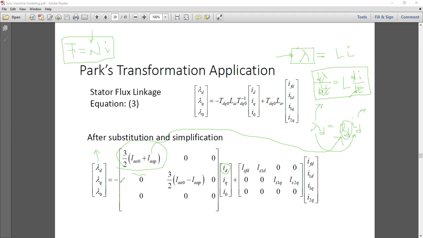What about the second term over here? What is it doing? It is relating the q-axis flux linkage and which current? IQ. So you see there is actually no linking. The d-axis flux linkage is purely dependent upon the d-axis current. The q-axis flux linkage is purely dependent upon the q-axis current.